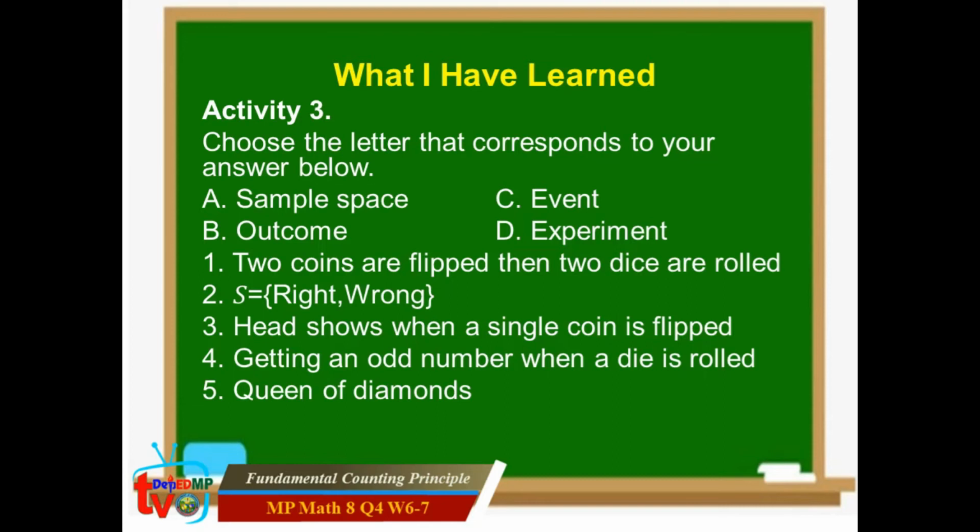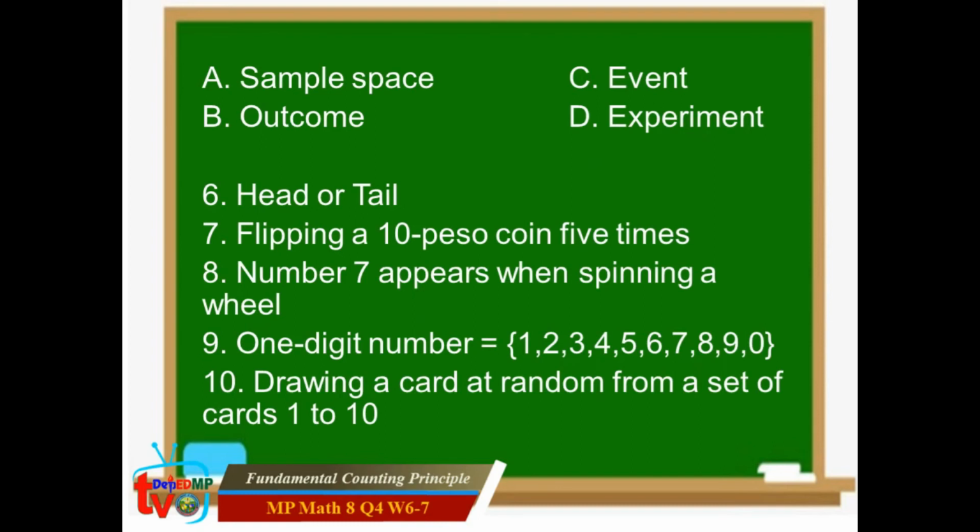5, queen of diamonds. 6, head or tail. 7, flipping a 10 peso coin 5 times. 8, number 7 appears when spinning a wheel. 9, one-digit number is equal to, the elements are 1, 2, 3, 4, 5, 6, 7, 8, 9, and 0.